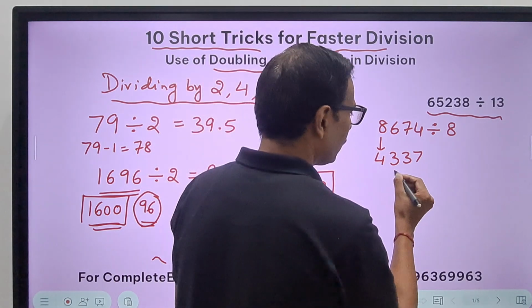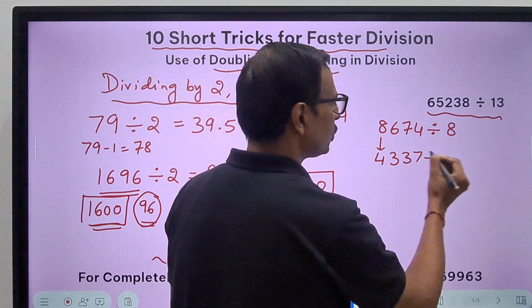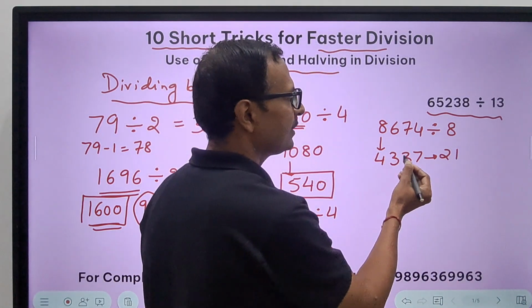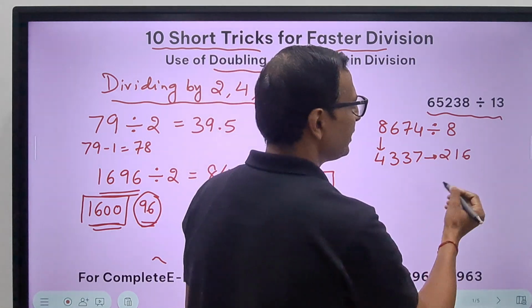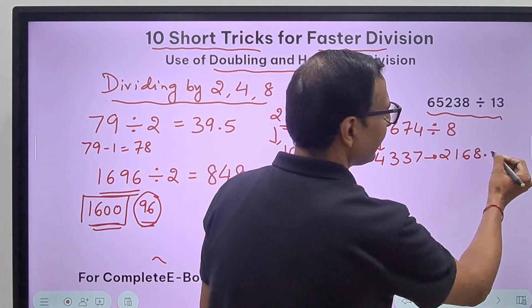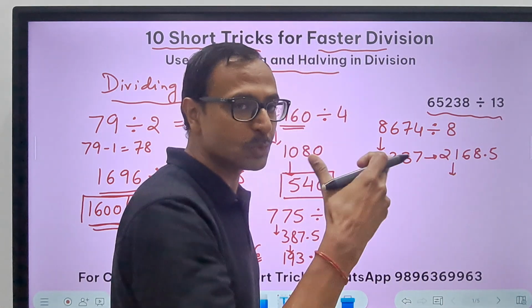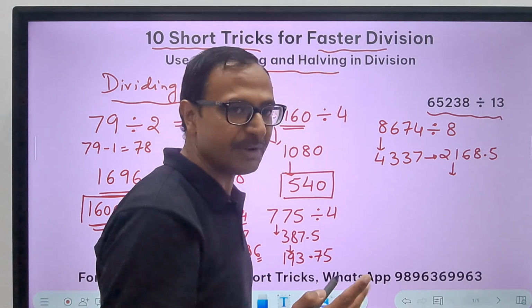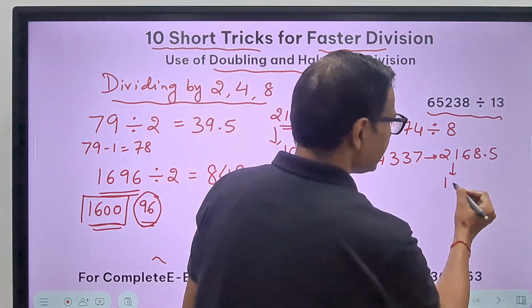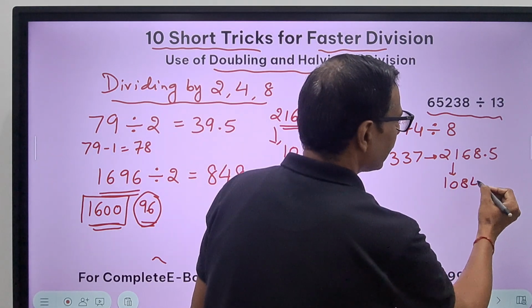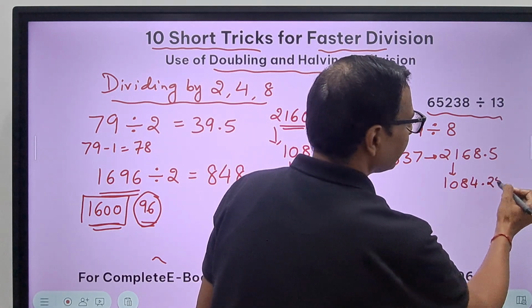Now again one more time you have to halve this number. So 2, 1, and then 13 means 6 and 17 means 8.5. And one more time because it is divided by 8, so 2 times 2 times 2, right? So 3 times halving gives 1084.25. There we go.